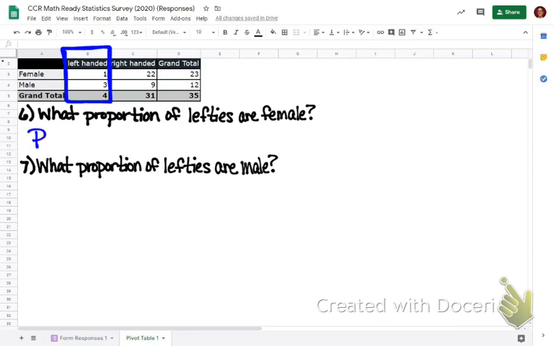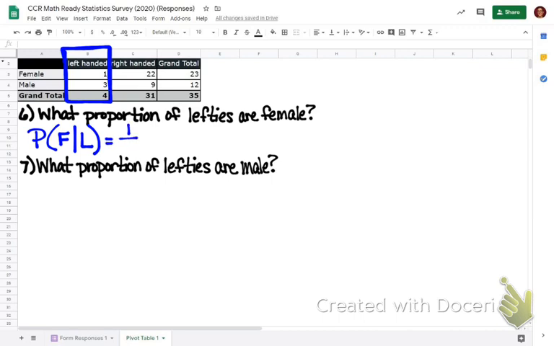And I want to know the proportion of people out of that column for this first question that indicated they are female. And so I'm going to put that first, F for female, and then I'm going to use this line. This is for conditional probability, and then I'm going to use an L here. So what this notation means is that when I'm looking just in the left-handed column, so I've restricted my view to just people that are left-handed, I want to know the proportion that are female.